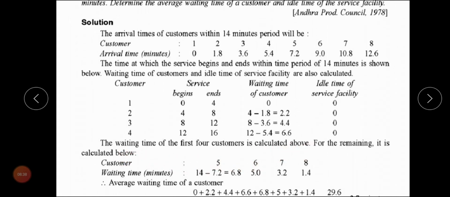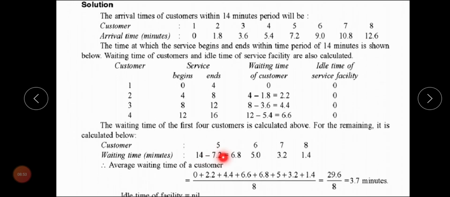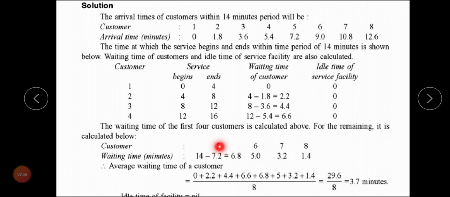So here, if you consider that after 14 minutes you have opened all your counters and you can satisfy multiple customers, then waiting time for the 5th customer: what is the arrival time of customer 5? That is 7.2. And the beginning time is 14 minutes.